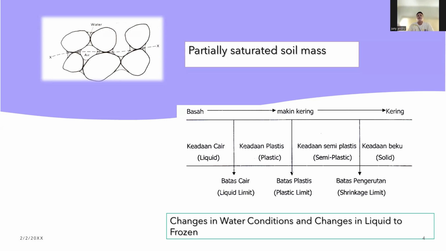The partially saturated soil mass. The base of the soil has the pores of water and gravel. In the saturated condition, we can find the liquid limit, the plastic limit and the shrinkage limit.